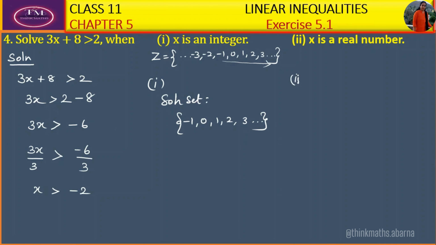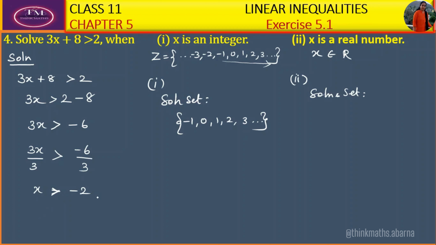For the second one, here x is a real number. So if x is a real number, how do we write the solution? We write the solution using brackets. As it is just greater than, this is a strict inequality, as we don't have an equality sign. So we use the curly bracket.